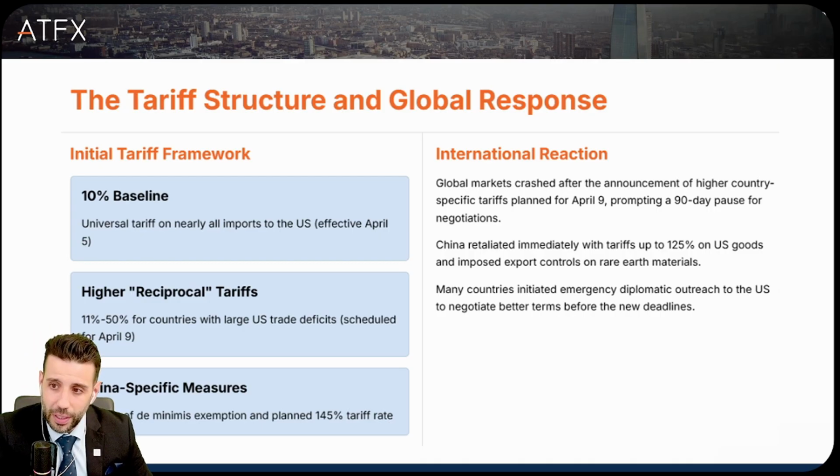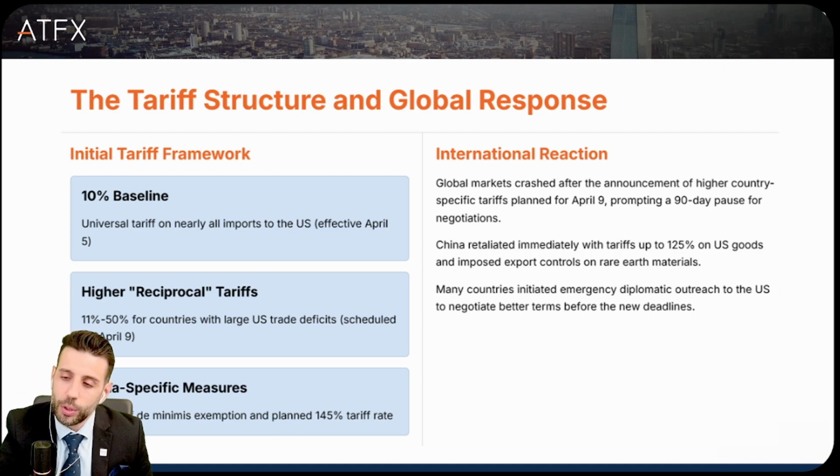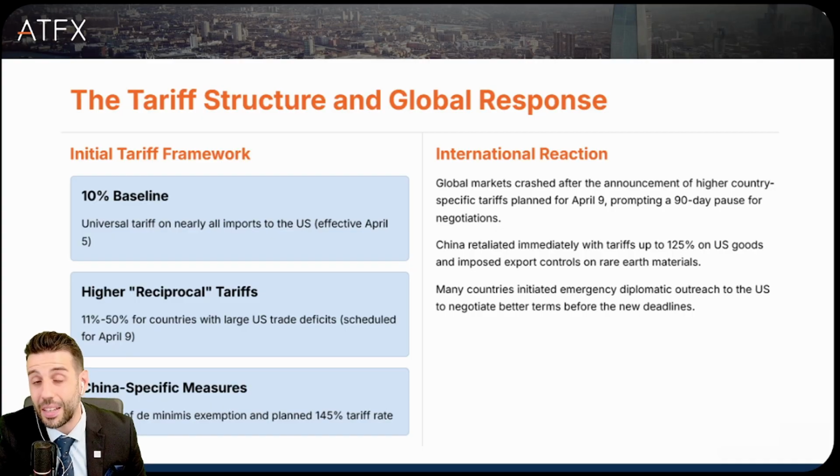It was a 10% baseline, a universal tariff on nearly all imports to the United States, effective 5th of April. High reciprocal tariffs, the ones he mentioned by country: for example, in the case of the European Union, it was 36%. It was between 11% and 50% for countries with a large U.S. trade deficit. In the case of the European Union, it was mainly caused by the deficit generated between Germany and the United States.